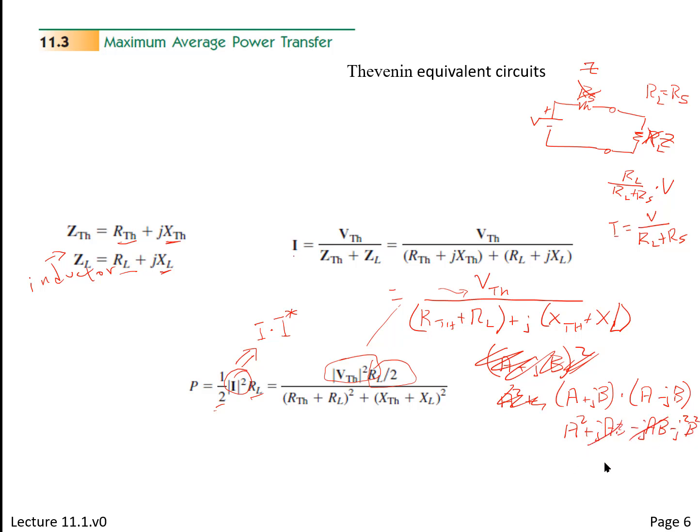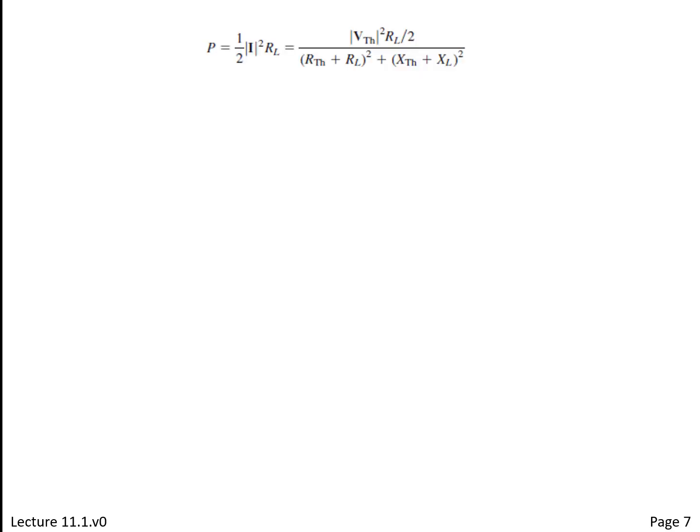So this cancels that. J squared is minus 1, so this all becomes A squared plus B squared, and that's how we came to this. This is B squared, this is A squared. Okay? It helps me to work through some of these little things rather than just take them at face value, because then you get familiar with what's happening in detail.